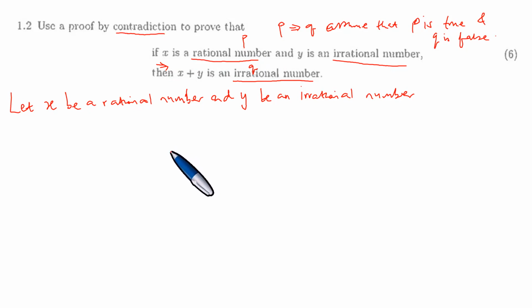Let X be a rational number and Y be an irrational number.